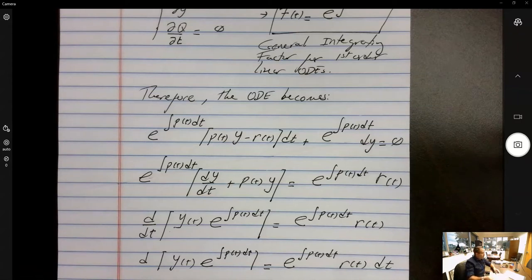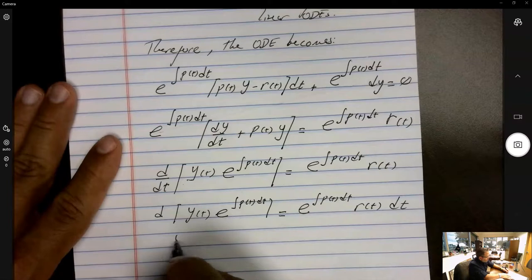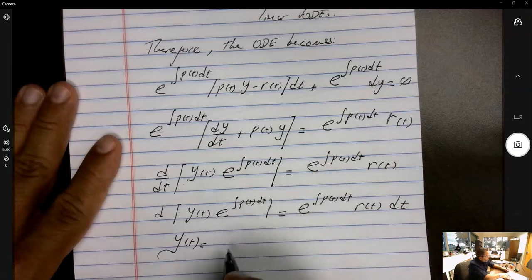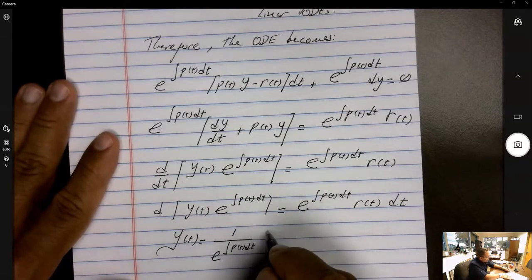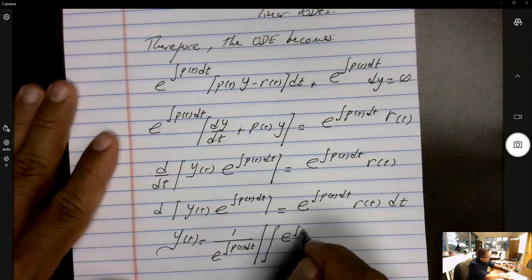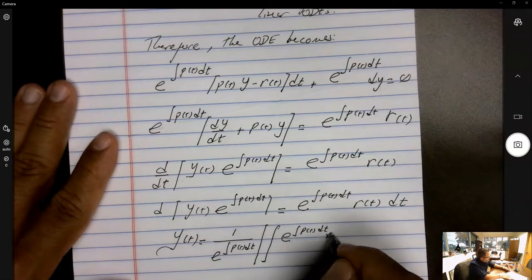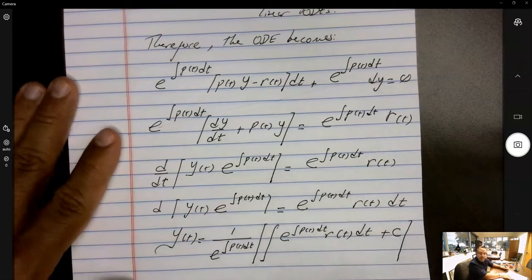And if I integrate both sides, the integral of this derivative is just y of t times e to the integral of p of t dt, and then I can find what y of t is. So I'm going to take this to the other side as e to the negative integral of p of t dt, times the integral of e to the integral of p of t dt times r of t dt, plus a constant of integration from the result of this integration right here.